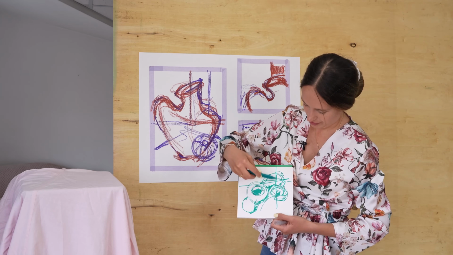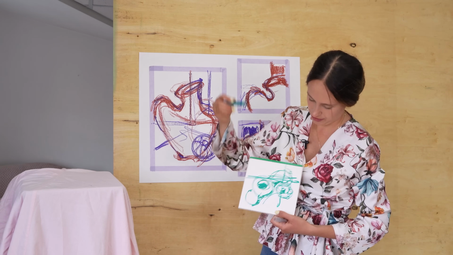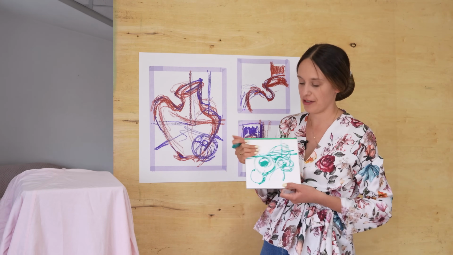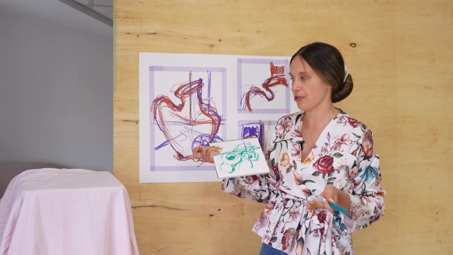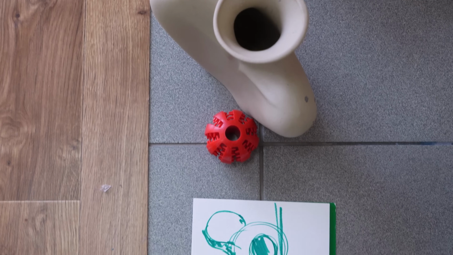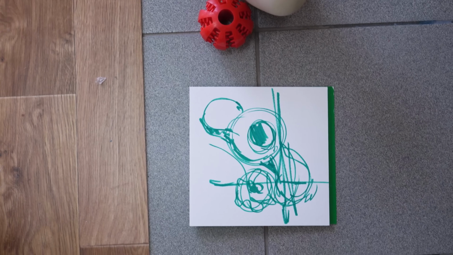Here it stands on the tiles, so it gives a different dynamic. And this is a whole other compositional framework. So everything genius is simple.